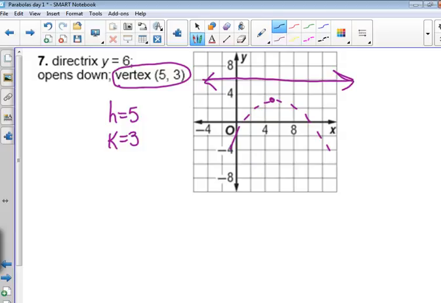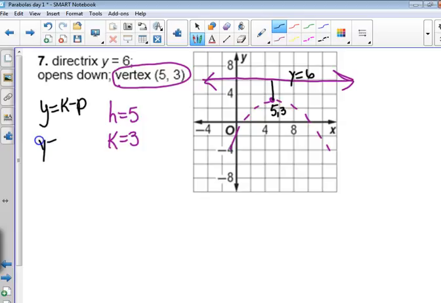Now, actually, conceptually, can anybody figure out what p has to be? Because it's this distance, right? This was over 5 and up 3, and this is at y equals 6. So the distance is 3. Okay, pretend I didn't know that. Look at your recipe sheet. Can you find which parabola has a directrix of y equals anything? One that opens up or down, right? And it says y equals k minus p.